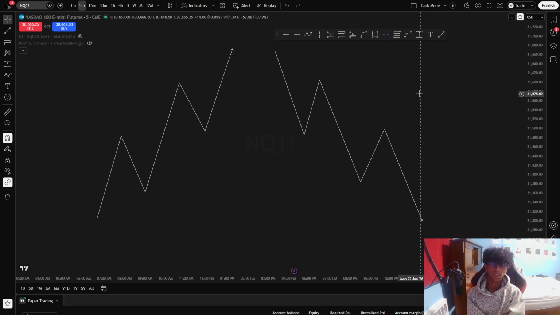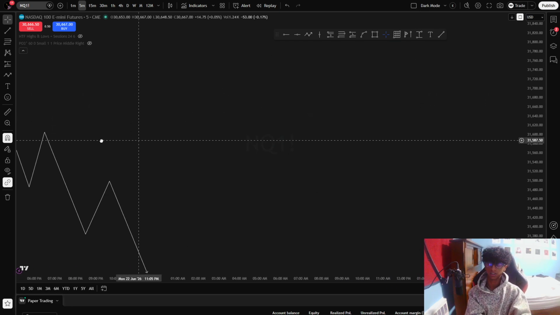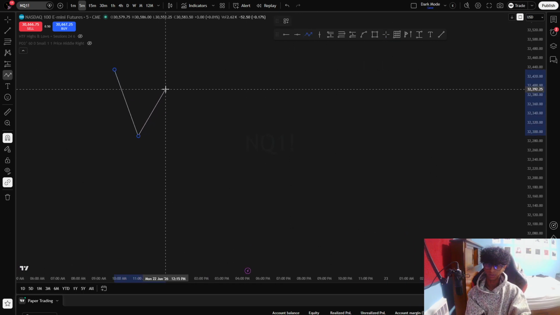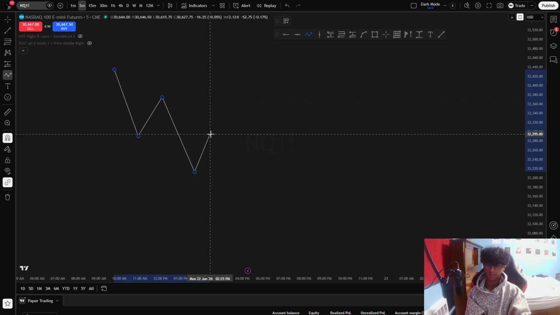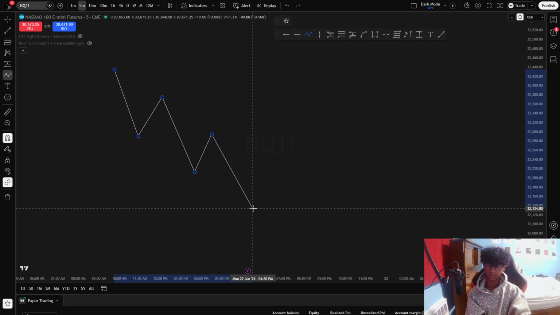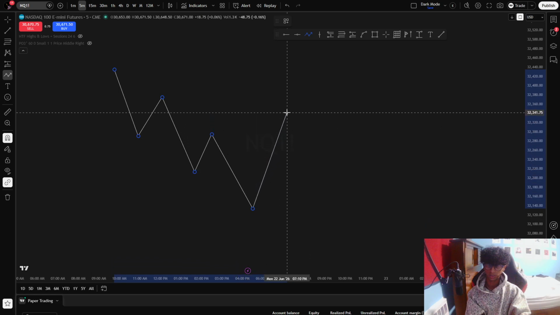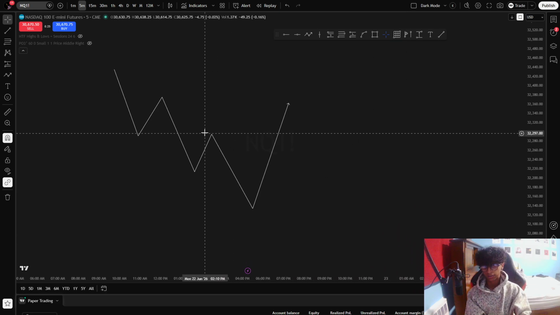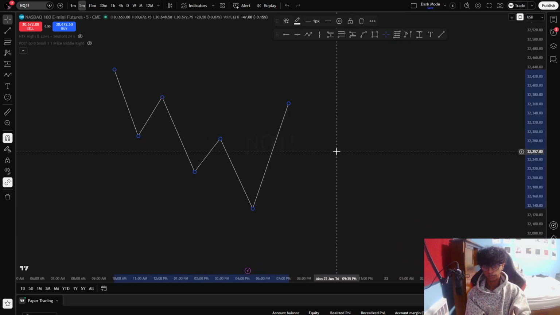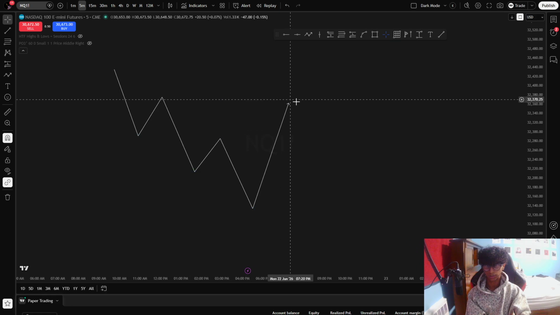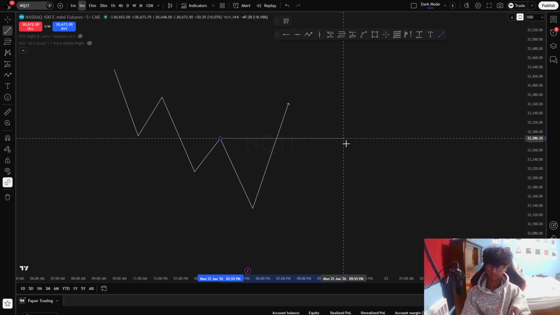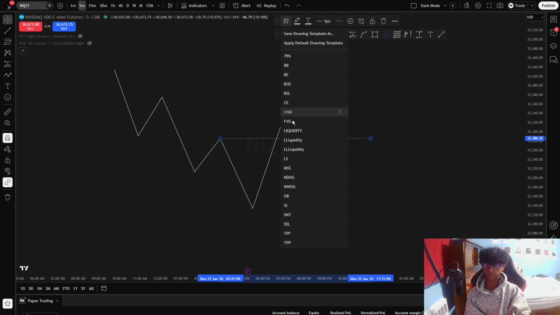Now, what happens when we change trend? What do we call that? So if we're going down, we're in a downtrend, and then we come up here and go up here. When we get above a high right here and the candle closes above the high, this is called a break of structure.